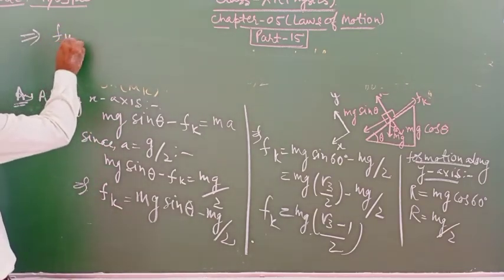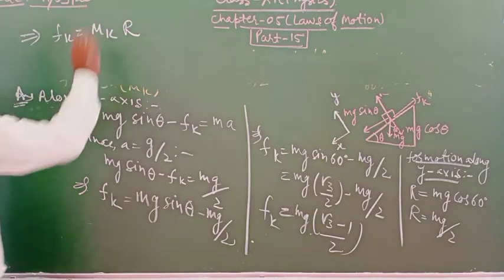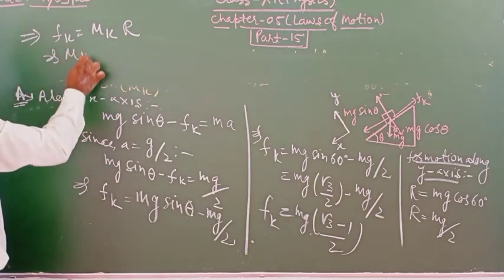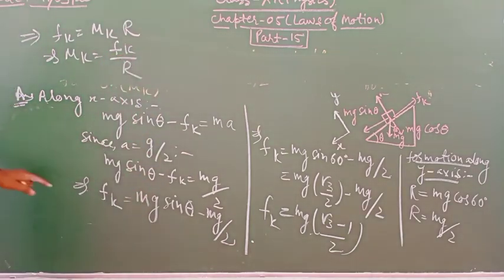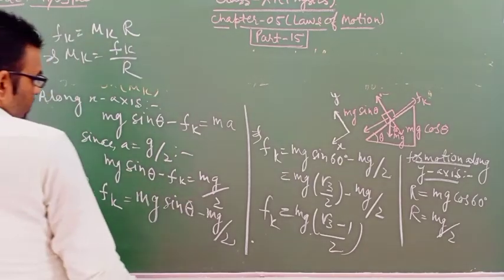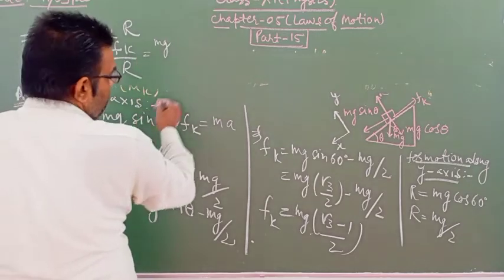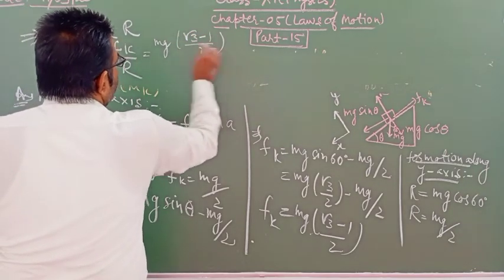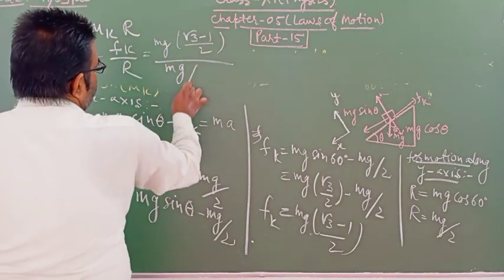Fk is equal to mu k into R. This is the relation, and from it we can find mu k is equal to Fk upon R. The value of Fk you had calculated is mg times (root 3 minus 1) divided by 2, upon R, that is mg divided by 2.